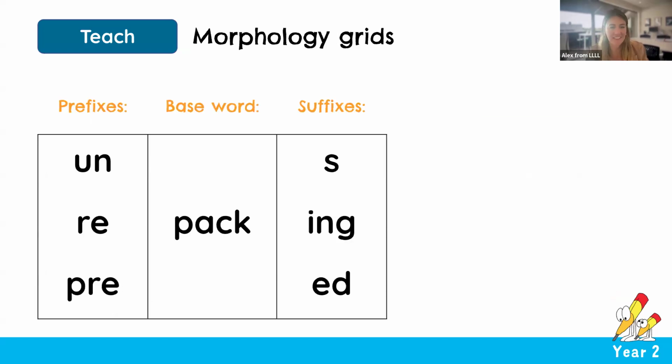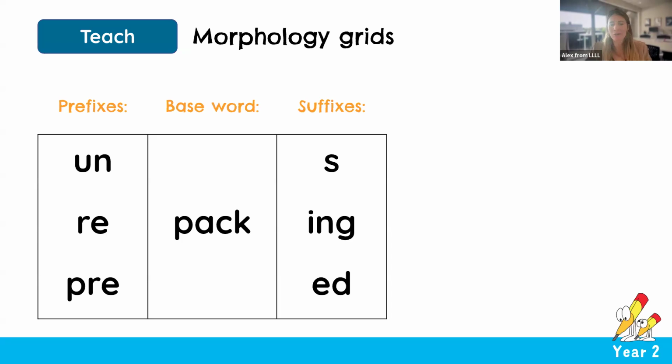Thanks, Olivia. We also utilize some morphology grids or a word matrix to use known morphemes to make words. So, the lesson focus will be usually very focused early in the week on new content, but we do start to use that new content alongside the other morphemes we already know later on in the week.